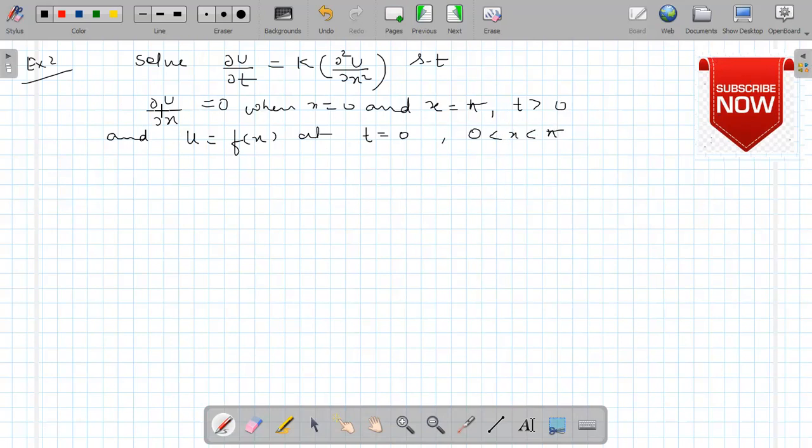These are the boundary conditions. This is the boundary condition. And this is the initial condition. Initial condition वो होती है जो टाइम t is equal to 0 पर given होती है. और बाउंड्री कंडीशन जो बाउंड्रीज पर x की जो बाउंड्रीज हैं उन पर फंक्शन की वैल्यू क्या है उस पर जो वैल्यू गिवन होती है दैट इज बाउंड्री कंडीशन.